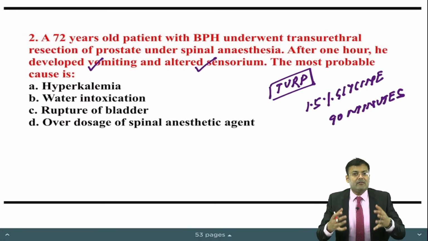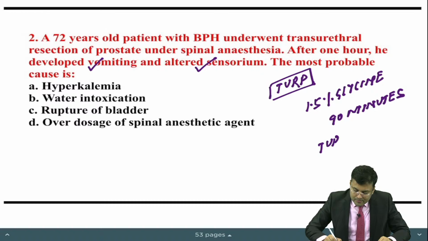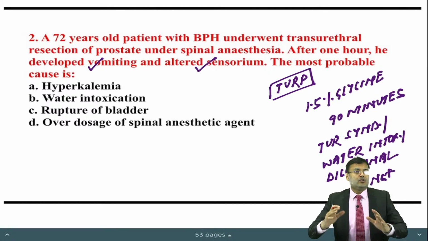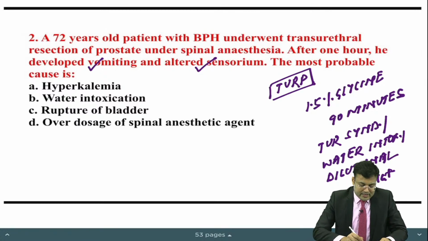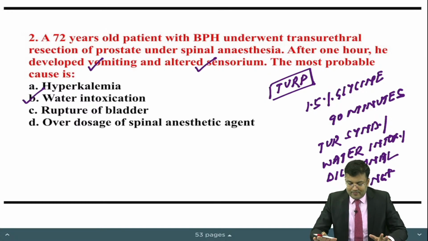Because of excessive absorption, there is fluid overload, known as TUR syndrome. This is also known as water intoxication, and also as dilutional hyponatremia. Sodium is decreased because of excessive fluid. So the correct answer is B, and almost everybody was correct.